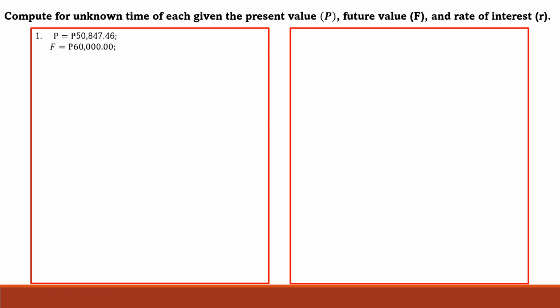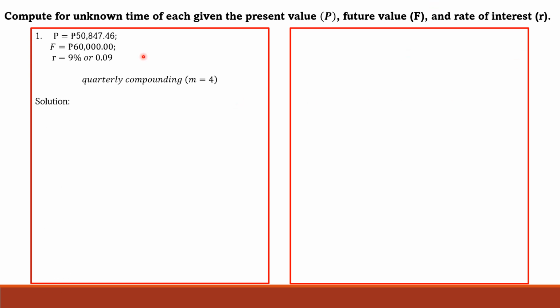Also, the final amount is 60,000. Then, ano po ang ating interest rate? 9% or 0.09 kapag i-convert natin sa decimal. So, this is quarterly compounding. Ibig sabihin po, M is equal to 4.